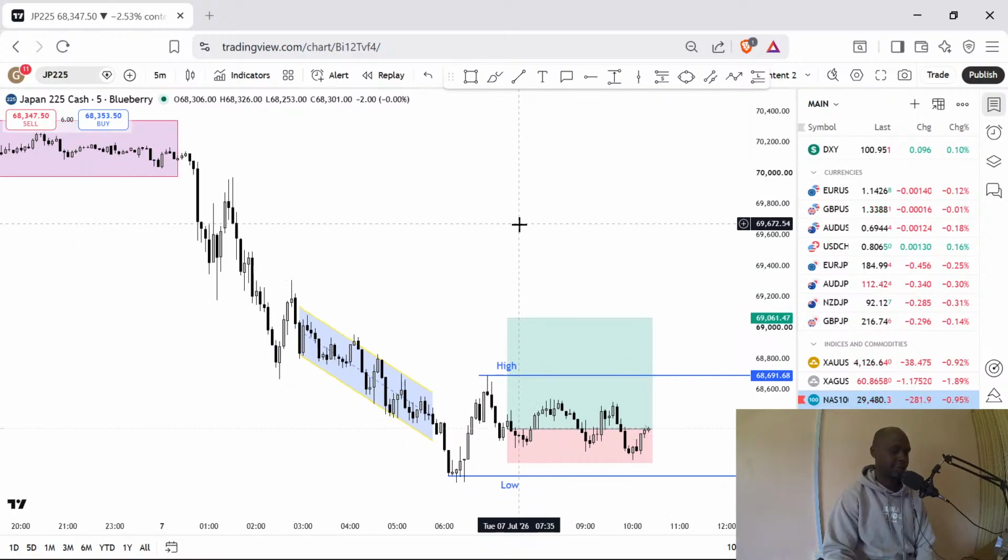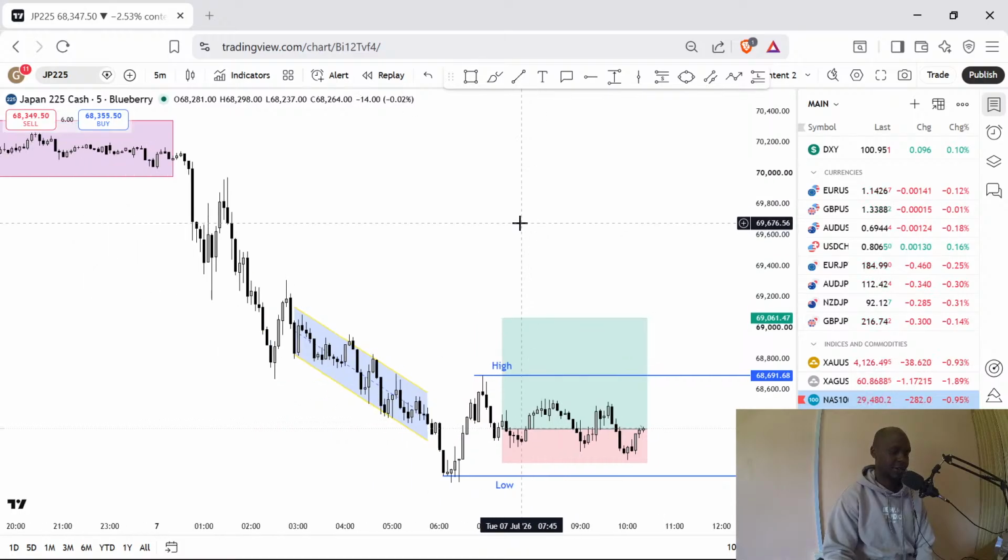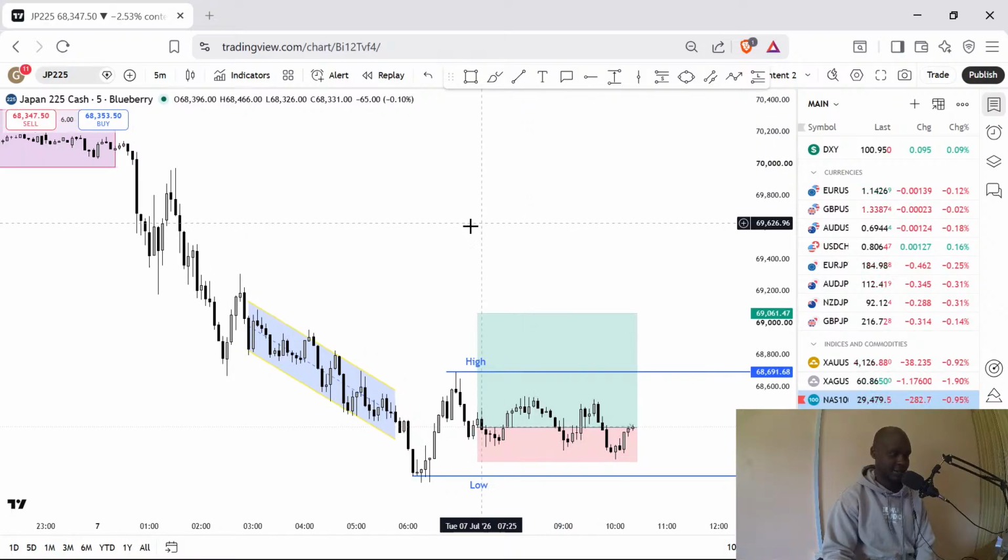Now with these intraday trades, I'm normally in and out of the trade within the day. So whatever happens, I'll be out of this trade by close of business day today. I normally stop trading at 6 p.m. Kenyan time, so maybe just before the London session ends.